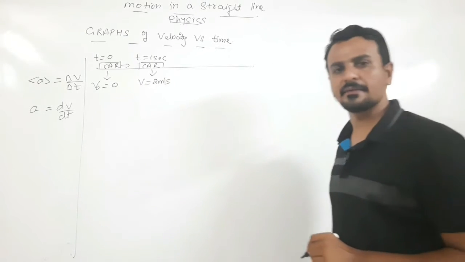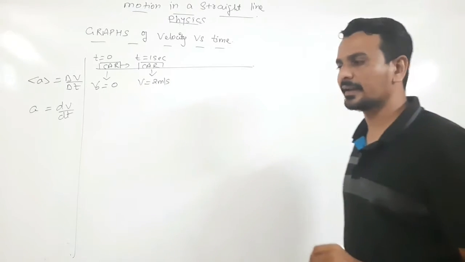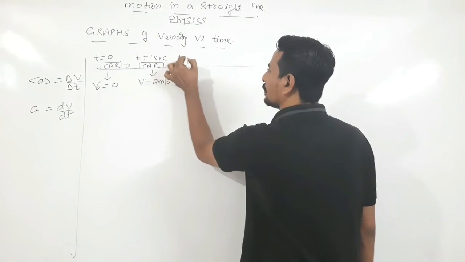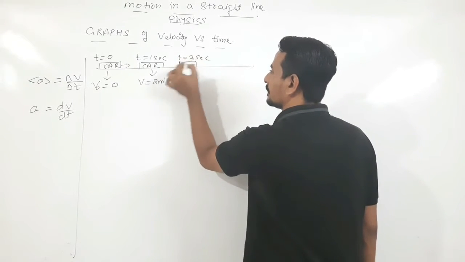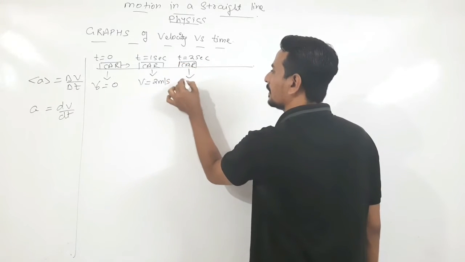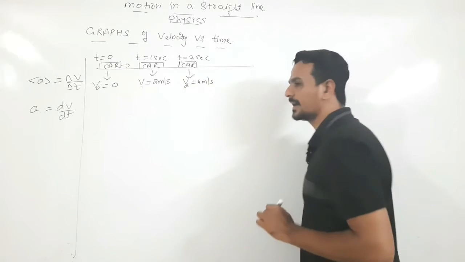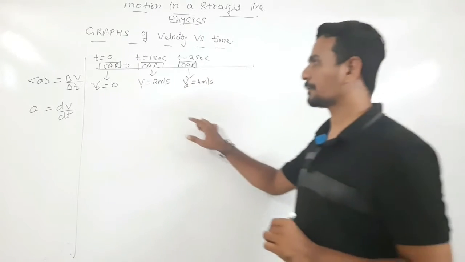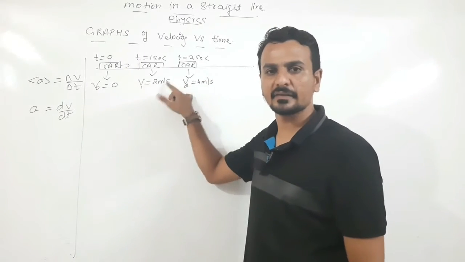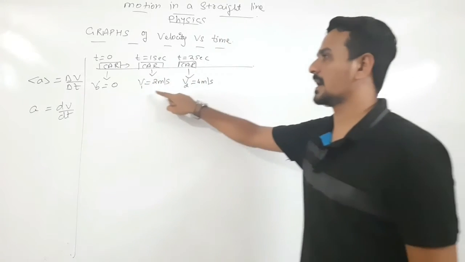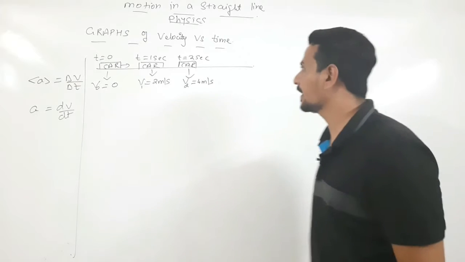Clear? The increase in the velocity of the car per second is 2 meter per second. So at t equals 2 seconds, the velocity of the car will be 4 meter per second. So this is the case where the increase in velocity is constant with respect to time. That means we can say that the car is moving with constant acceleration.